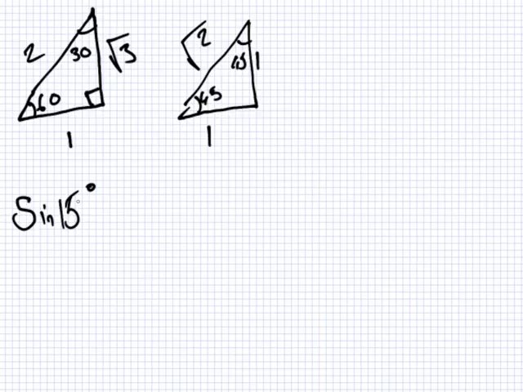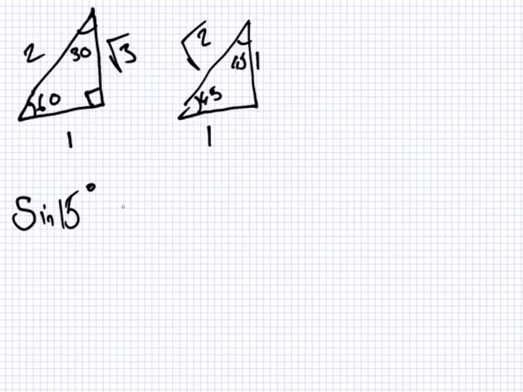Of course there are triangles with 15 degrees in the angle, but these are the only two triangles we have in our memory. In the exam they would say not using the calculator, so it's fine to use the knowledge from these two triangles, but no others.